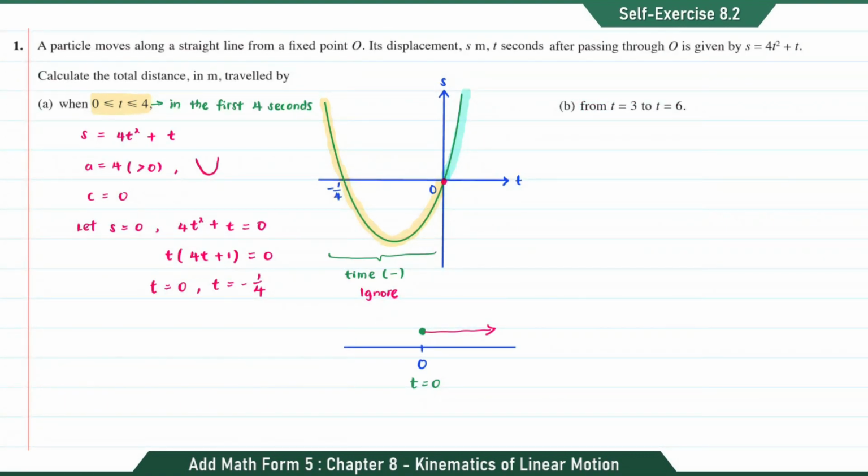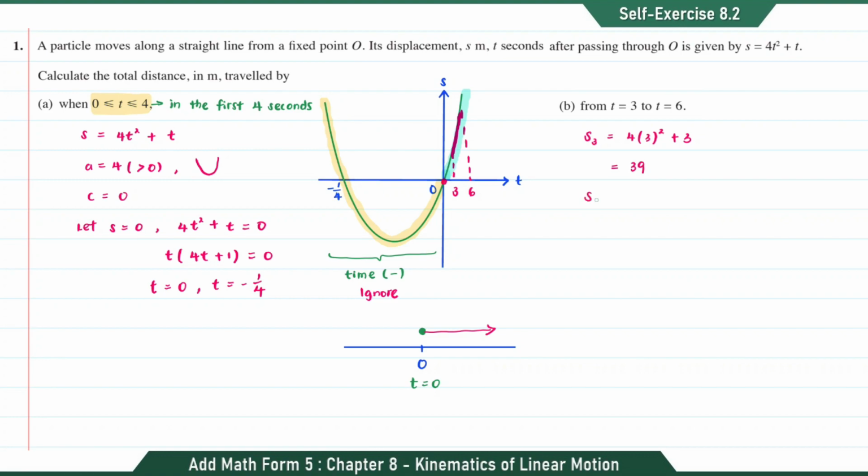Question B, we're going to find the total distance from t equal to 3 to t equal to 6. So based on the graph, the total distance will be here, between t equal to 3 and t equal to 6. First, we're going to find the displacement in the first 3 seconds, which is s3. This will be 4 times 3 squared plus 3, which is equal to 39.